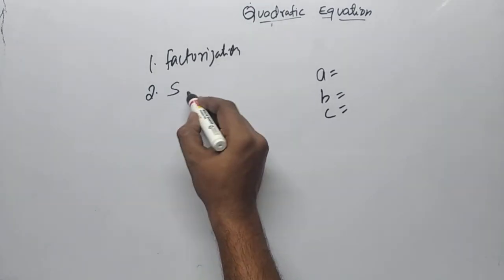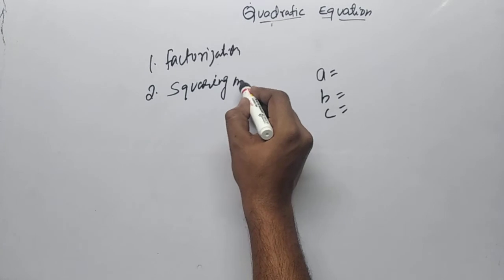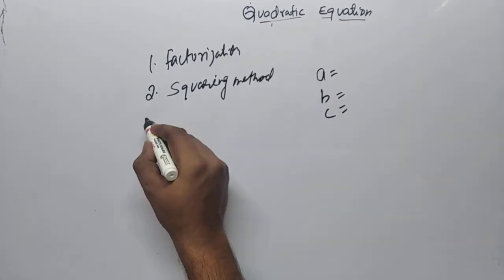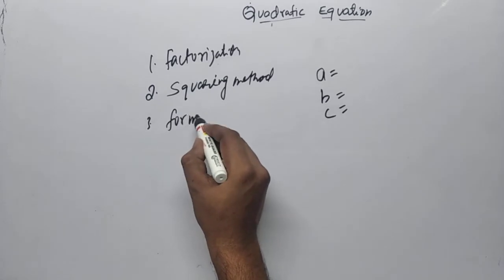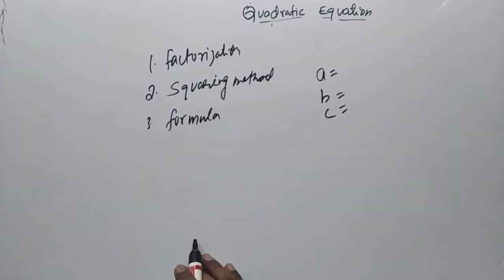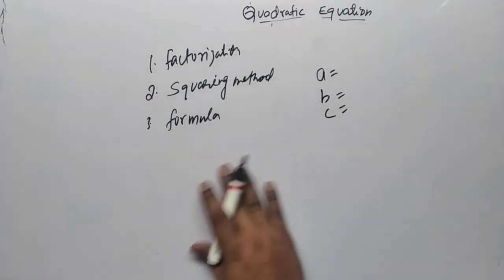Next we have the completing the square method. Next we have a formula, to find the solutions. So there are just 3 methods to find a solution for the quadratic equation. Then we will have the nature of roots, that is the other thing.